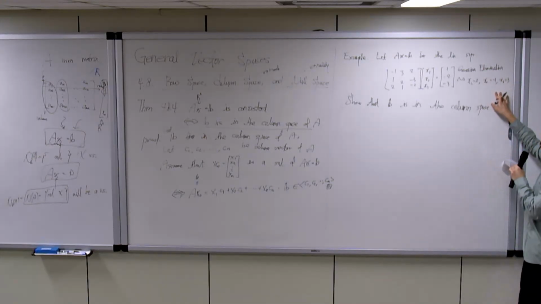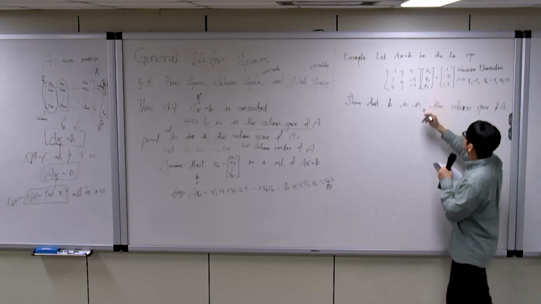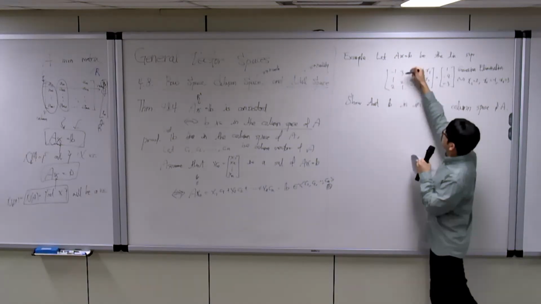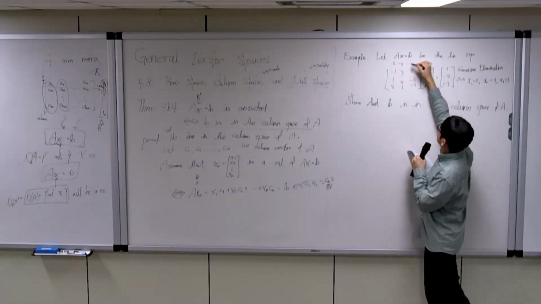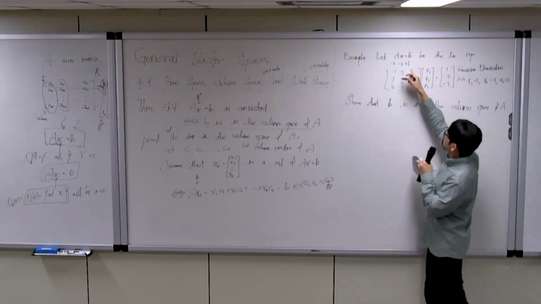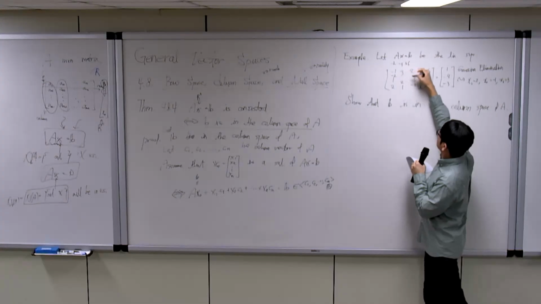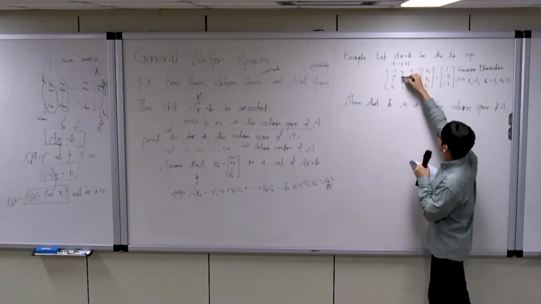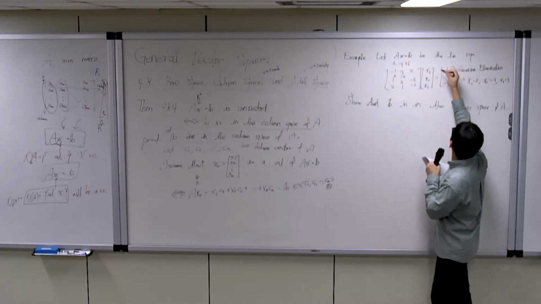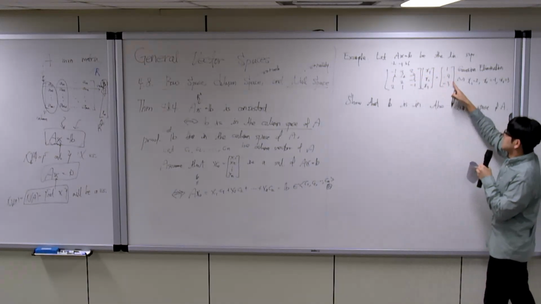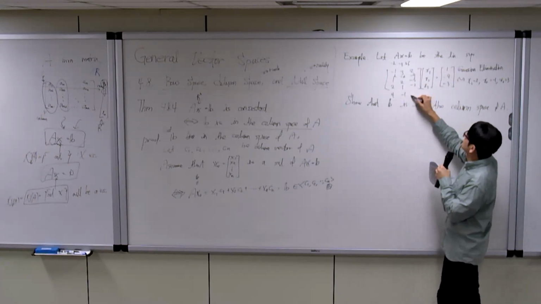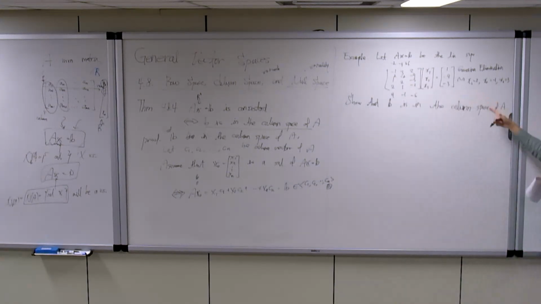Actually, if you calculate this, 2 minus 1, 3 is 1, and 2 minus 1, oh, just 2. 2 minus 1, 3 is -9, and 2 minus 1 minus 3 is -3.